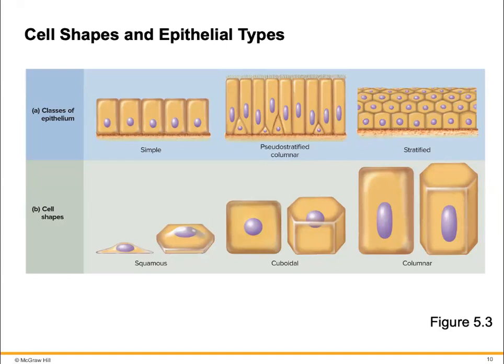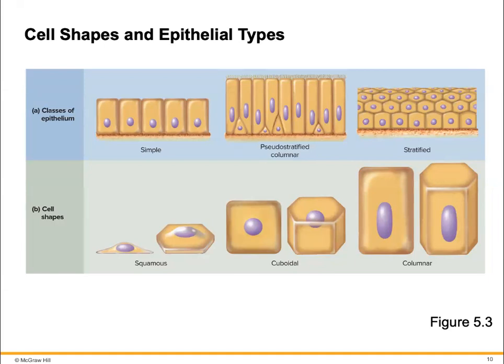Now, keep in mind that the functions of your epithelial tissues are going to be based on their overall class and shape. The primary functions of epithelial tissue in general are to protect the deeper tissues from injury and infection. They also produce and release chemical secretions. They can excrete waste. They can absorb chemicals, including nutrients.